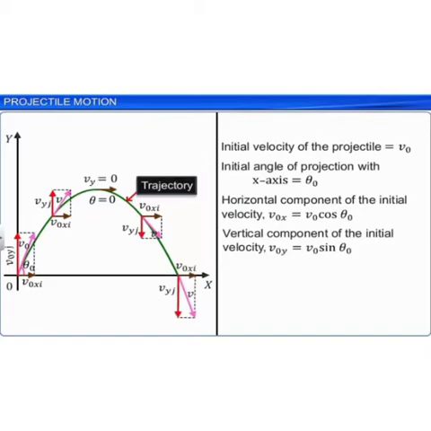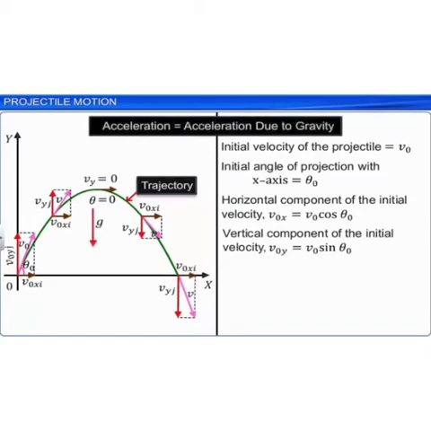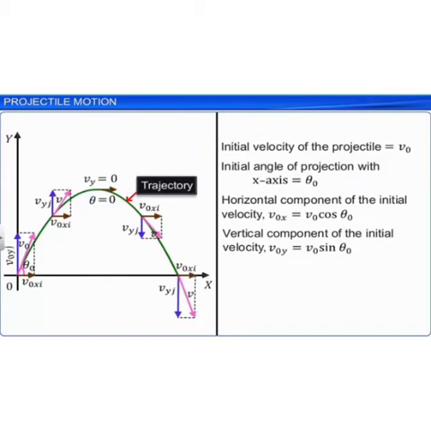Here, a is equal to minus g j, ax is equal to 0, and ay is equal to minus g. Consider the origin at the initial position of the projectile. Therefore, x0 and y0 are equal to 0.